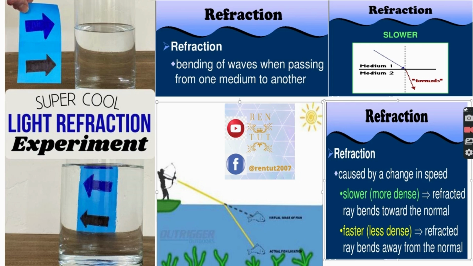That is the reason why the hunter has to shoot below the image, not on the image. Once he sees the image on the top of the water, he has to shoot below the image, or else he won't be able to kill the fish.